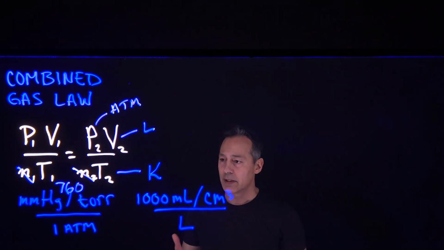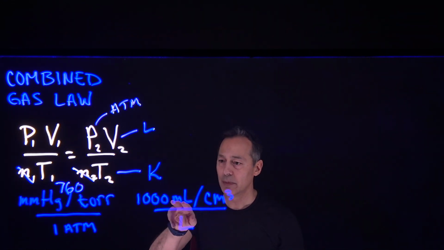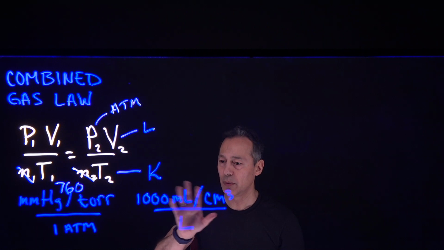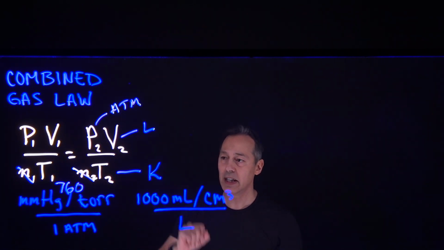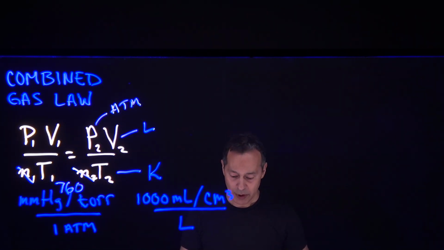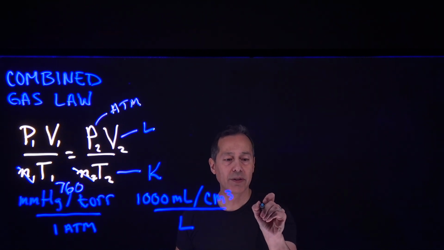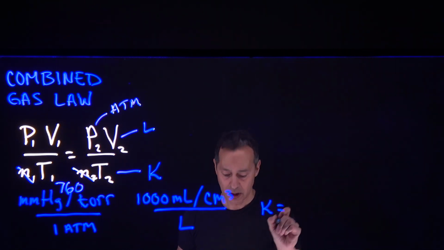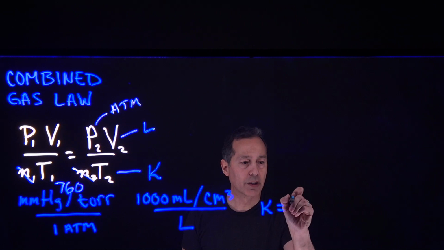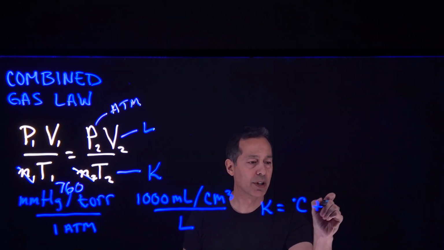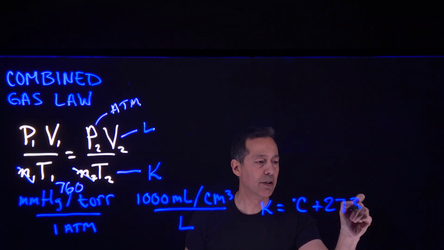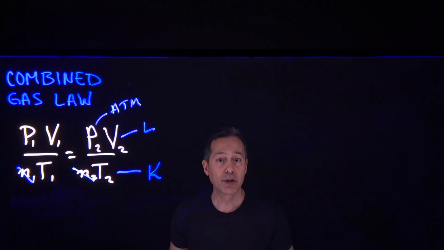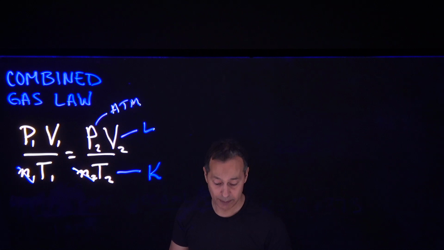So we might get our units in milliliters or in centimeters cubed, and we can convert that into liters. And for temperature, a Kelvin is equal to a degree Celsius plus 273. Now that we've introduced the combined gas law, let's try doing a practice problem.